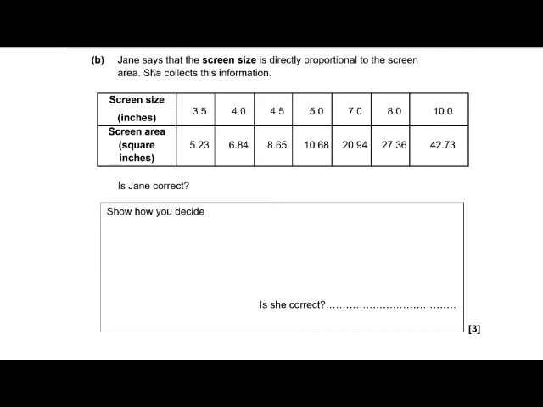Part B of this question says that Jane says that the screen size is directly proportional to the screen area. She collects this information. What that means is this relationship here should be exactly the same as any of these other relationships. And as I look across the line, another easy one to check would be these, because it's double. 3.5 doubled is 7.